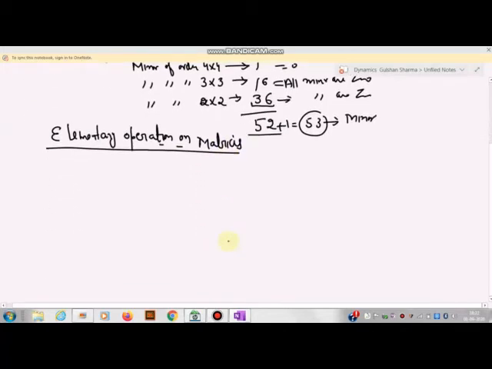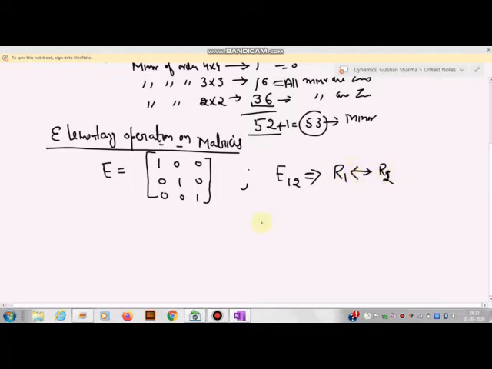Let us suppose I take the identity matrix E, that is 1 0 0, 0 1 0 and 0 0 1, and I apply an elementary operation, E12. E12 stands for interchanging R1 and R2.